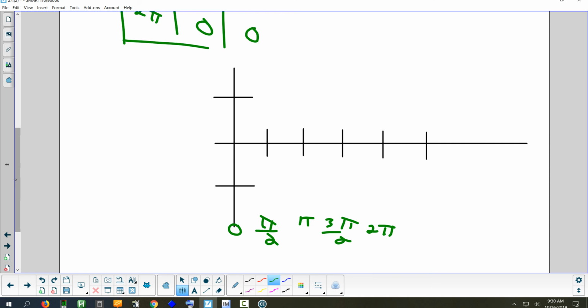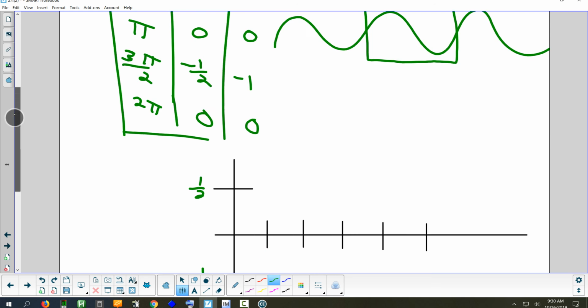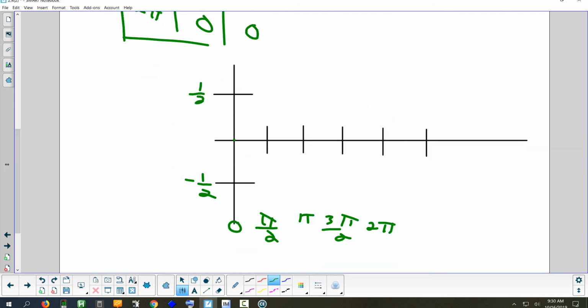So if you wanted, you could let this be 1 and negative 1 and just say a half is in the middle, or you could just make the mark itself 1/2. That's fine. And now do your y values. 0, half, 0, negative a half, back to 0. There's your graph.